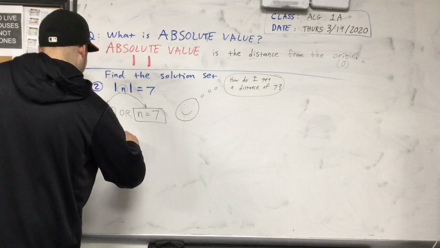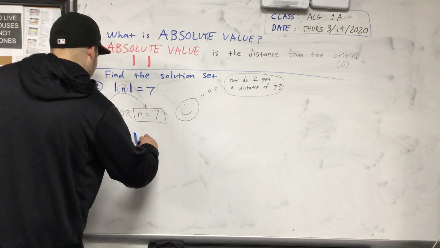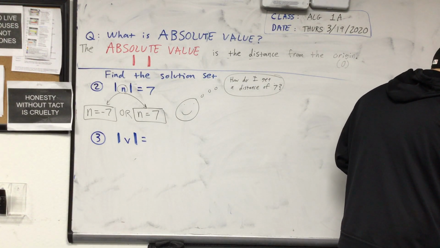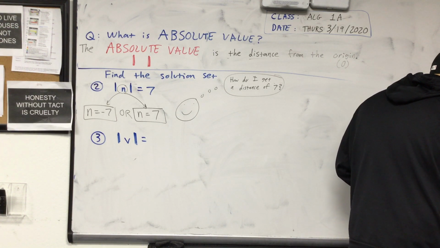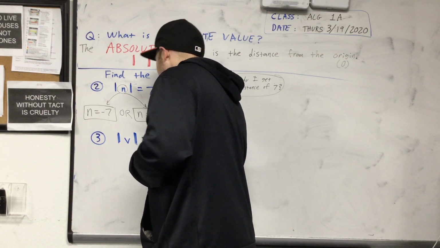All right, I'm going to throw another one out there. The absolute value of v is 0.